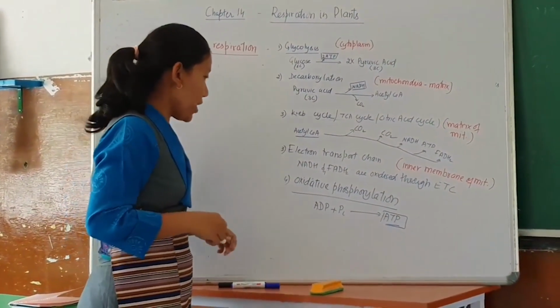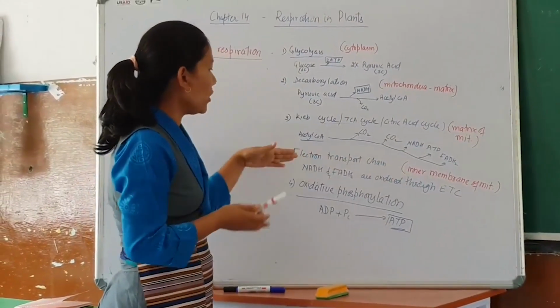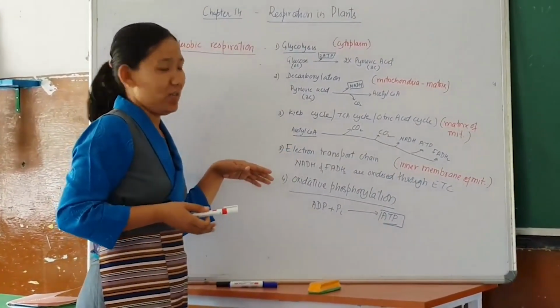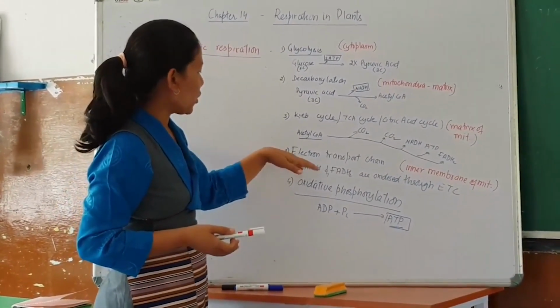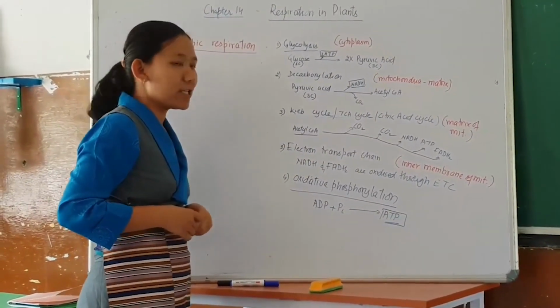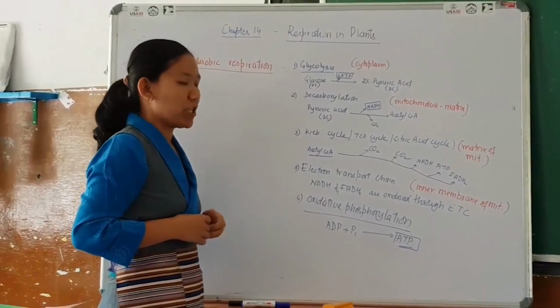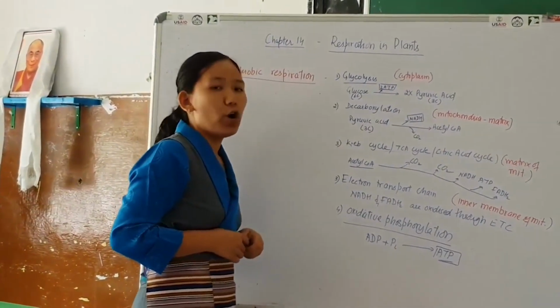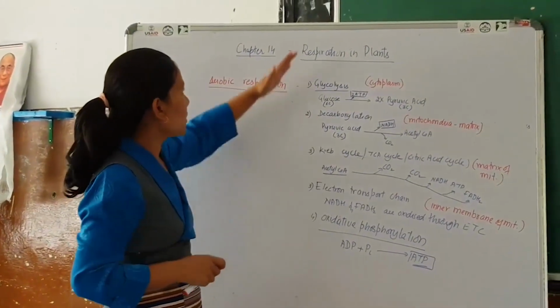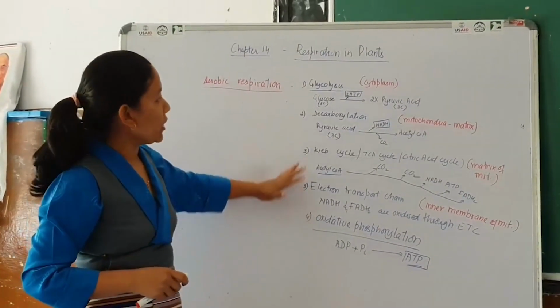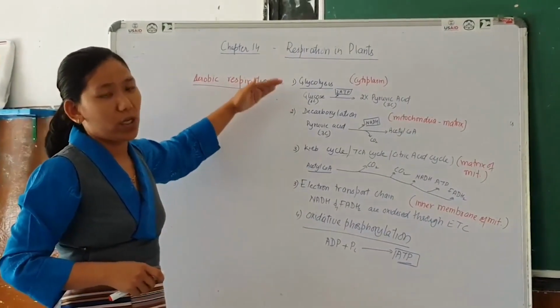And the inner membrane here contains all the electron carriers, which help in the oxidation of NADH and FADH2 and releasing the energy, which is utilized during oxidative phosphorylation. So this is the overall picture of it, and we shall discuss one by one step by step.